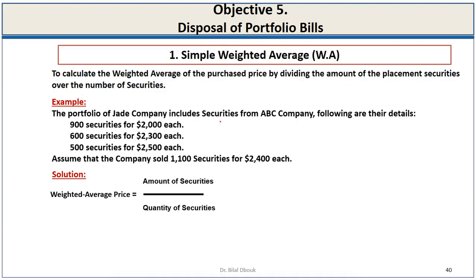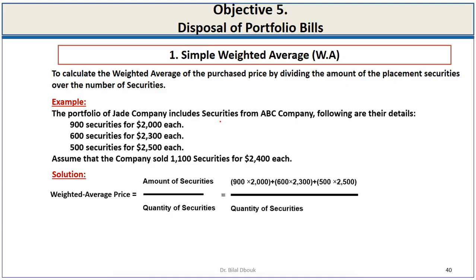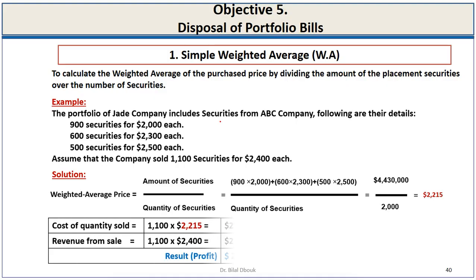It equals the amount of all securities over their quantity. So 900 times 2,000 plus 600 times 2,300 plus 500 securities times 2,500, over the total quantity of securities, which is 2,000 securities. We got a weighted average price of $2,215.